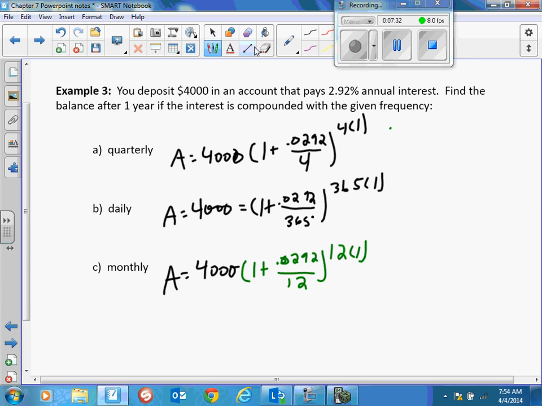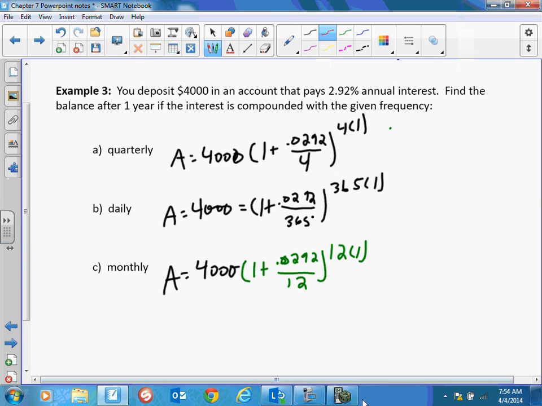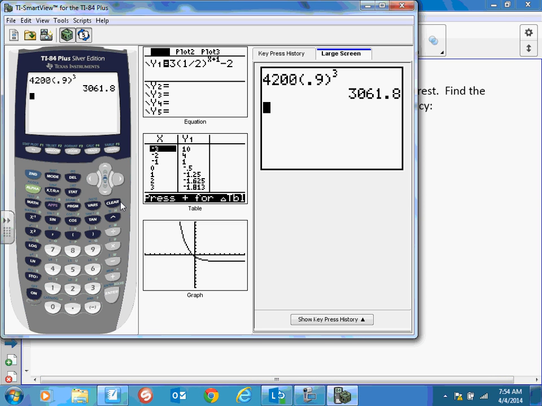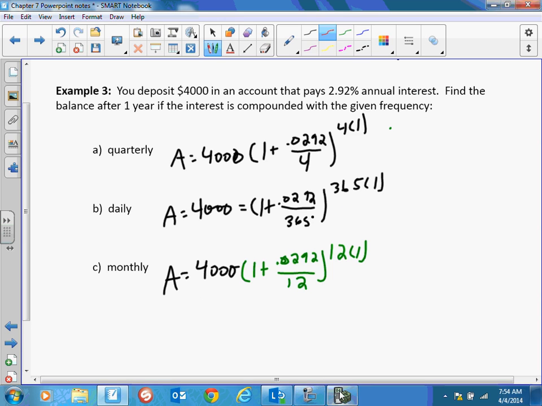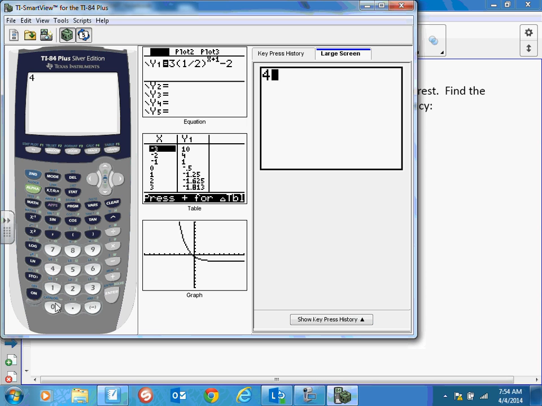All right, I figured I need to start charging the pen before I start doing this. So all these I can put in the graphing calculator. Let's do the first one. It was 4,000 parentheses 1 plus 0.0292 divided by, what was the first one?